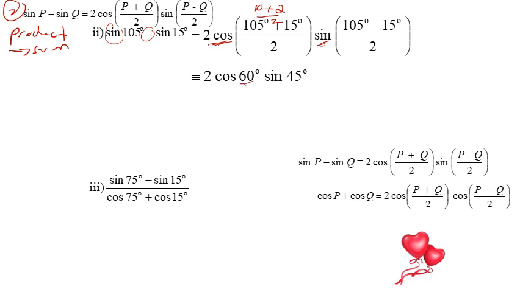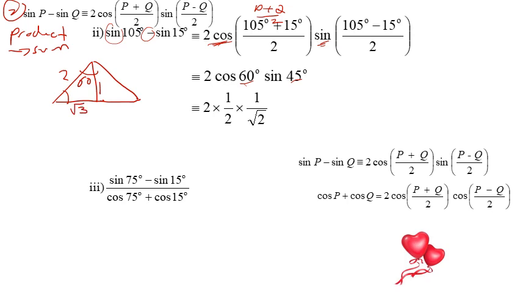So both here are basic angles, so we just substitute. So cos 60, remember it is 3 over 2. Sorry, 1 over 2. 3 over 2, that one is for sine. So cos 60 is 1 over 2, and then sine 45 is 1 over root 2. Again, if you don't remember, don't forget to sketch this triangle. So this one is 60, so 1 over root 3.